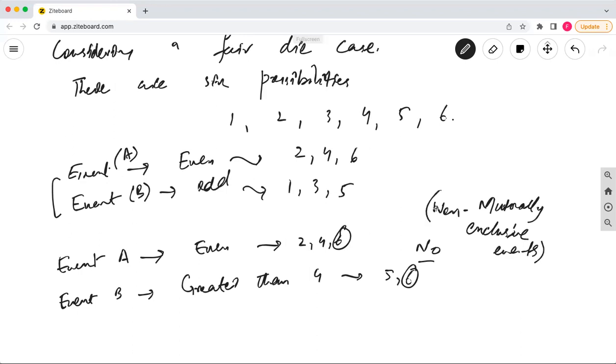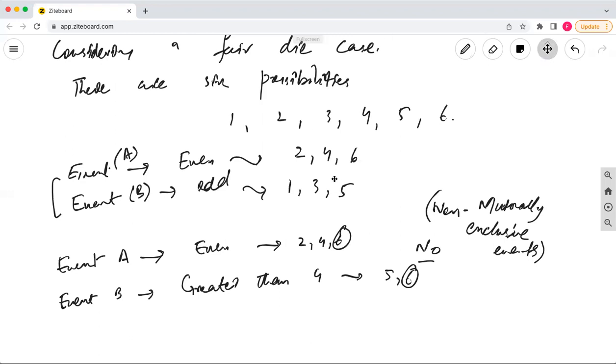Right? So in general, there are two categories. One is mutually exclusive and the other is not mutually exclusive. In mutually exclusive, they can't occur at the same time. In non-mutually exclusive, they could occur at the same time. Till now, everything is clear? If yes, then I'll move further. Yes.